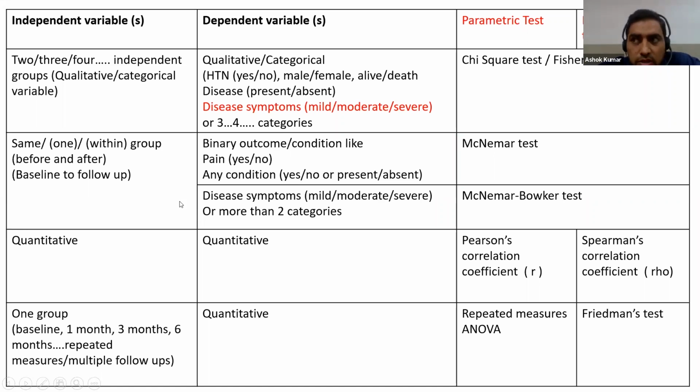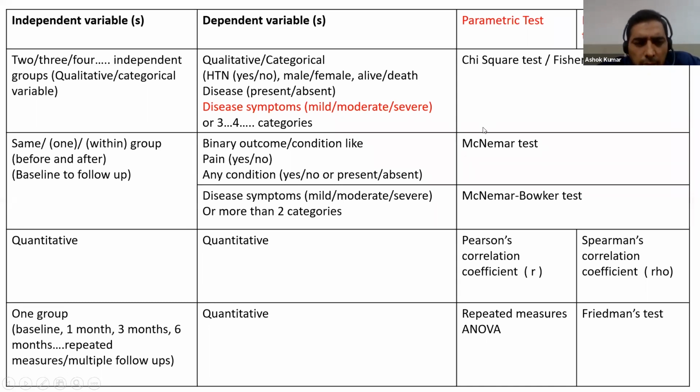You have to remember single follow-up. So it is a binary outcome, like pain yes and no, or disease present or absent, condition present or absent. So we have to use the McNemar test.